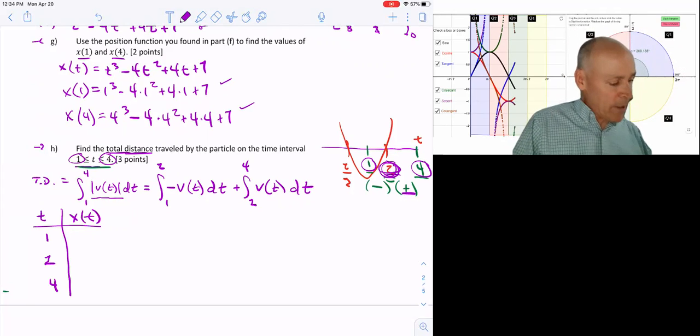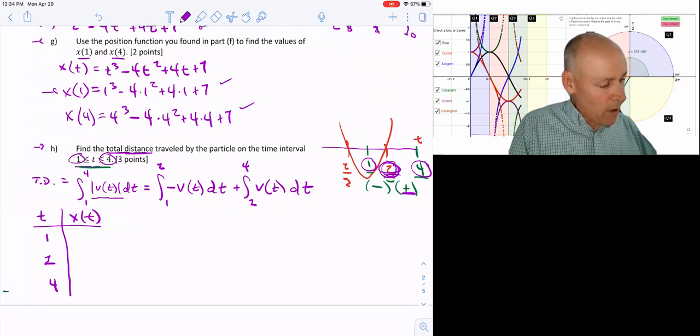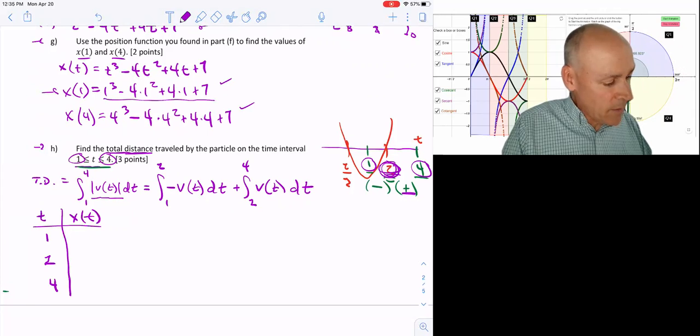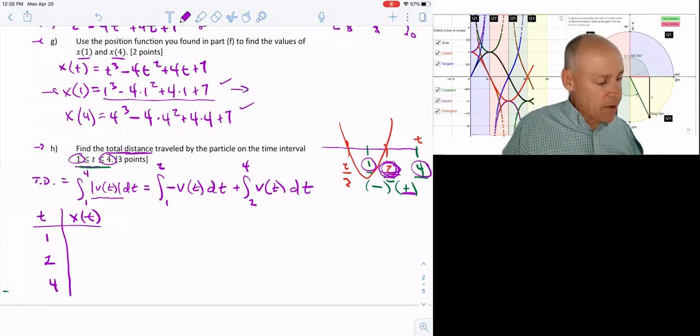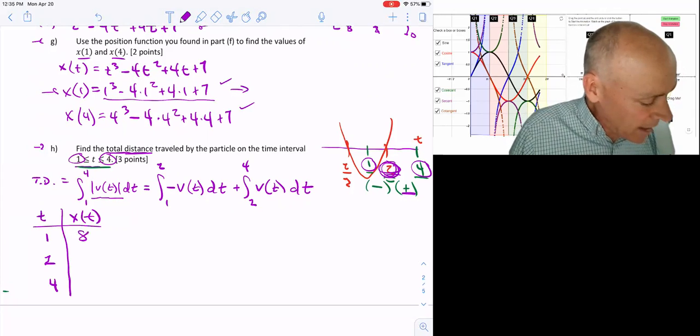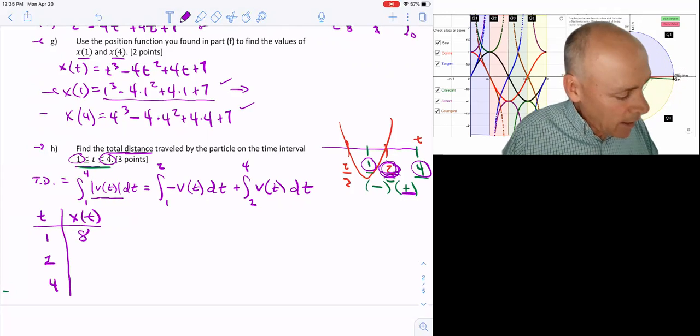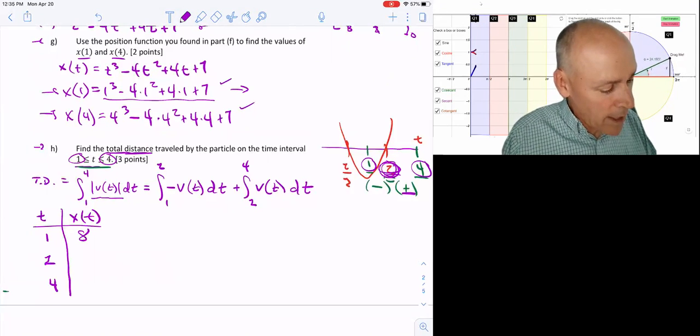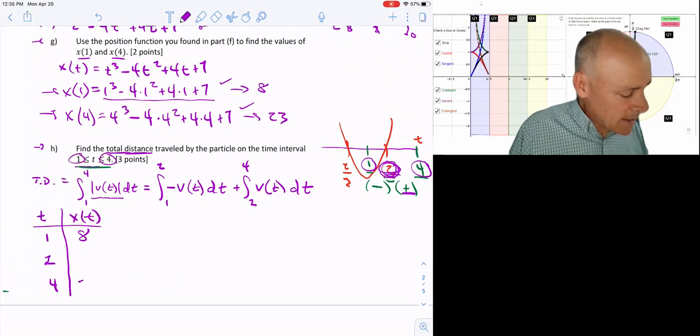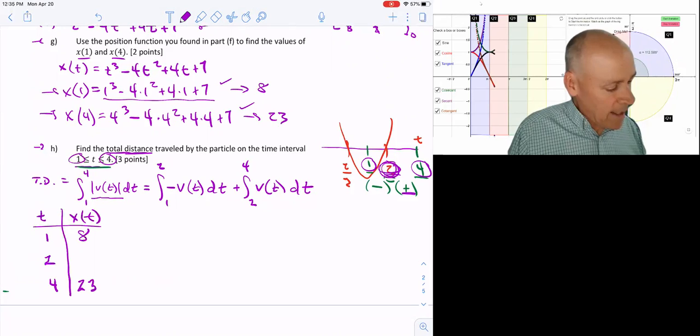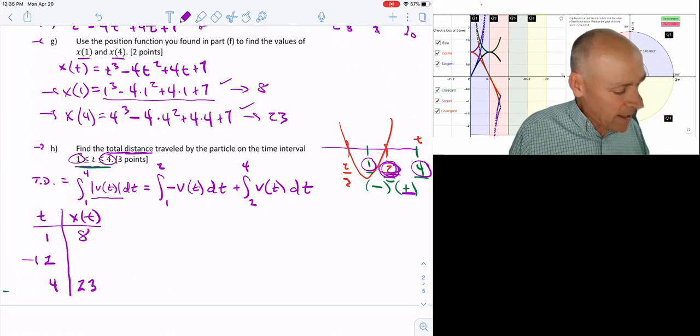I've already done the lion's share of the work. X at 1, if I simplify that, is 8. X at 4 is 23. And then I have to find x at 2.